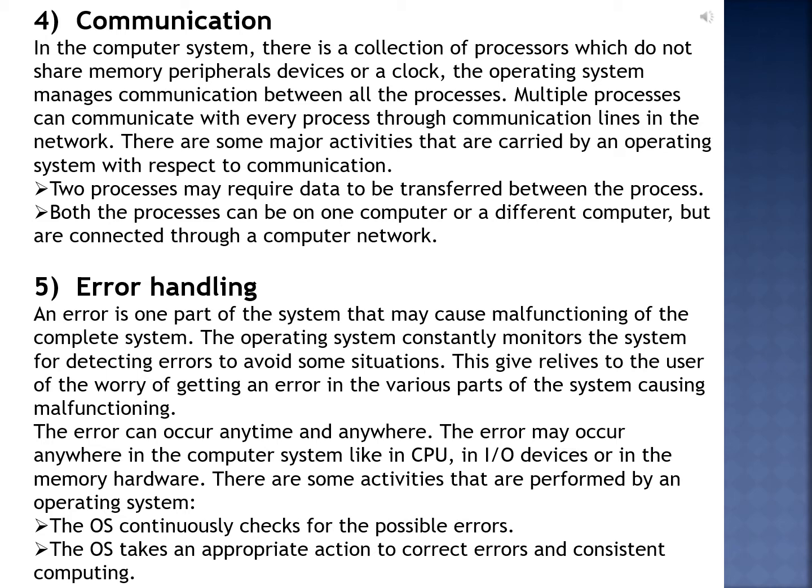This relieves the user of the worry of getting an error in the various parts of the system causing malfunctioning. The error can occur anytime and anywhere. The error may occur anywhere in the computer system, like in the CPU, in input-output devices, or in the memory hardware.